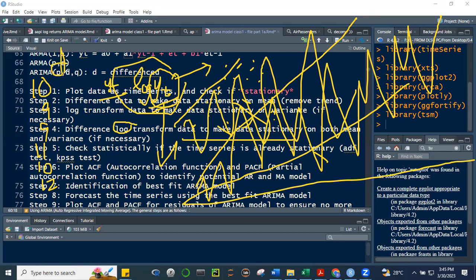Let's call it dy sub t. So what will our dy look like? It's the difference, right? 10 minus 9 is 1. 9 minus 9 is 0. 9 minus 11 is negative 2. 11 minus 10 is 1. 10 minus 12 is negative 2. So that's now the difference data.